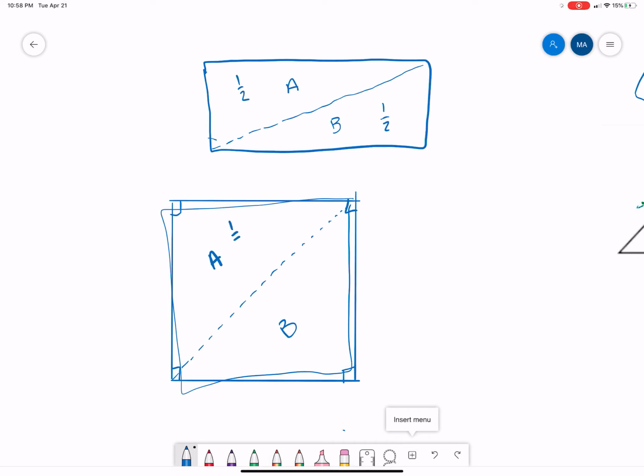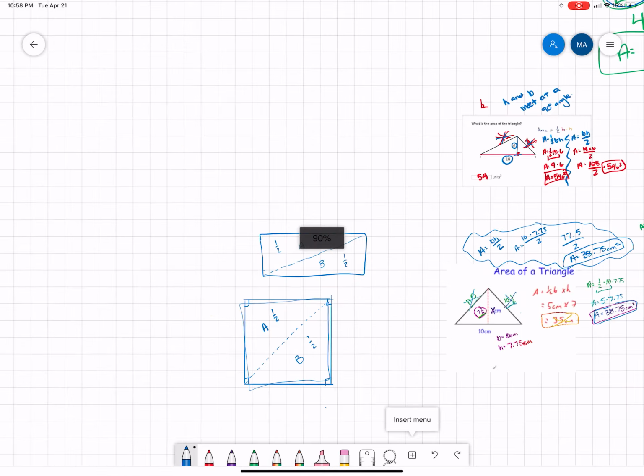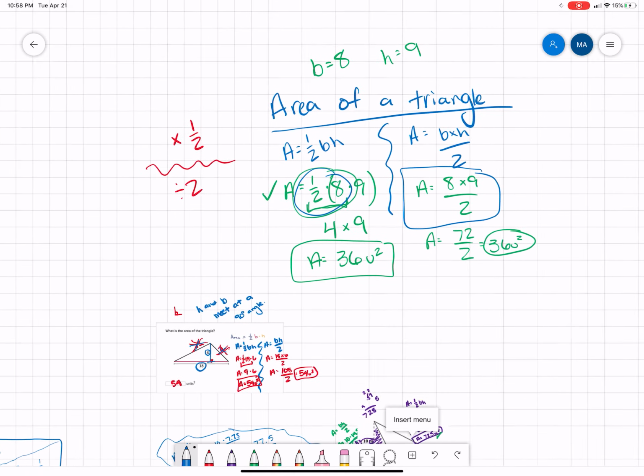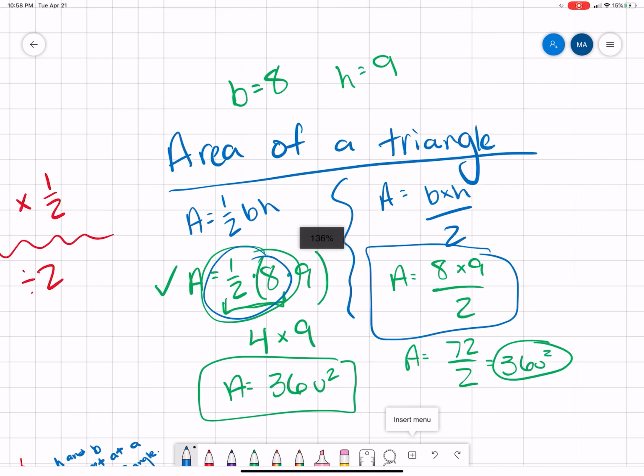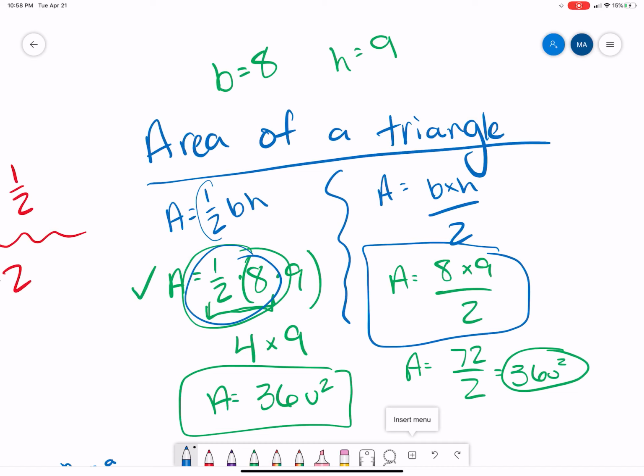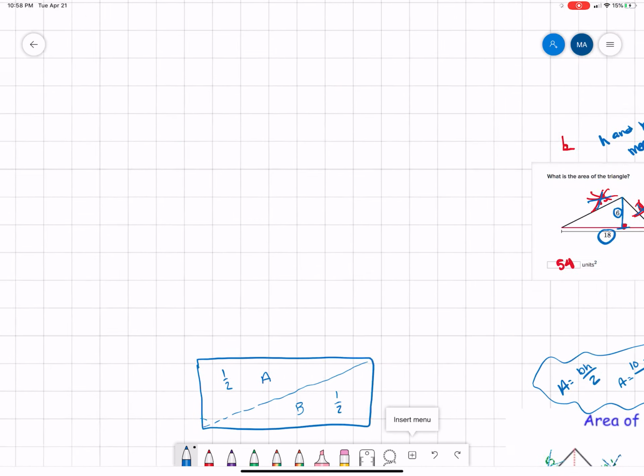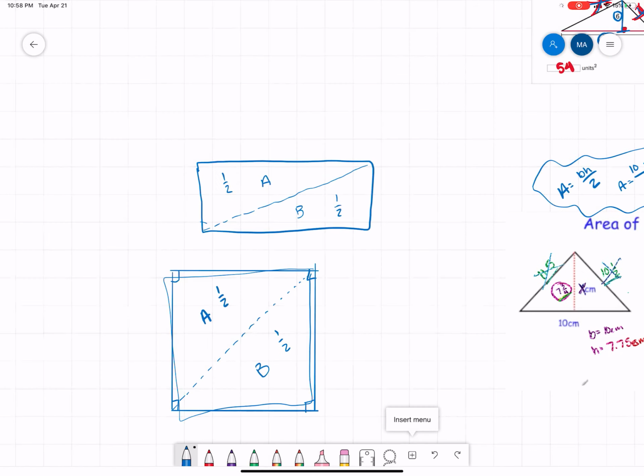That's why when you're finding the area of a triangle, you multiply by 1/2, because a triangle is 1/2 of a rectangle or a square. So make sure you remember that.